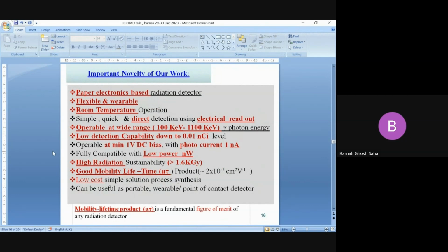It is operable in a wide range of gamma photon energy, with a low detection capability down to 0.01 nanocurie level, operable at 1 volt DC bias and photocurrent of 1 nanoampere, and fully compatible with low power and high radiation sustainability, good mobility lifetime, and very low cost. And the mobility lifetime product is a fundamental figure of merit of a radiation detector.